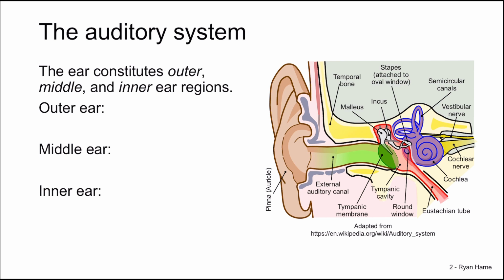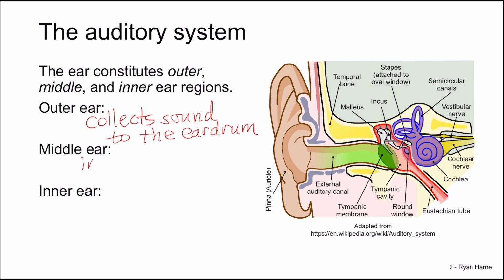The outer ear collects sound to the eardrum. The middle ear impedance matches between the eardrum and oval window. This enhances energy transfer.